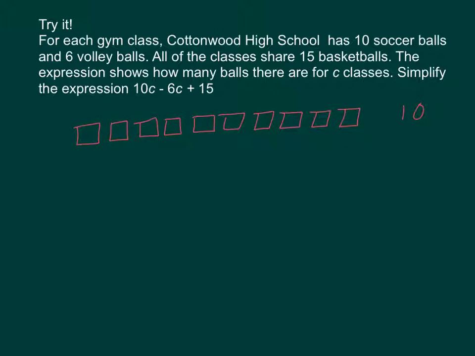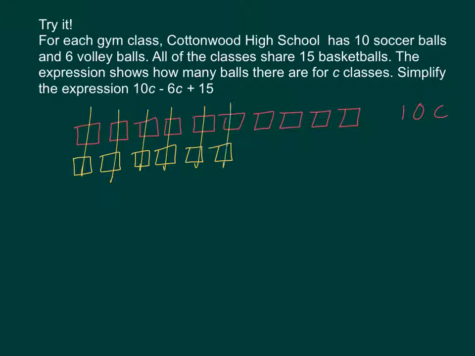This is 10C. Now if I subtract 1, 2, 3, 4, 5, 6, cross all those off, it leaves me with how many left over? This was subtract 6C equals 1, 2, 3, 4C remaining.